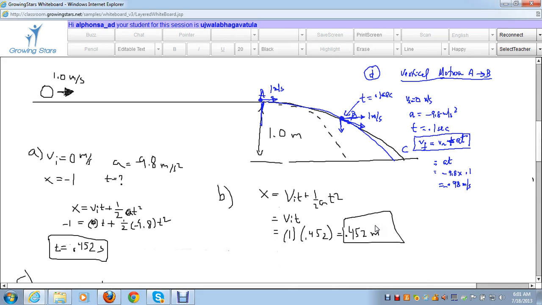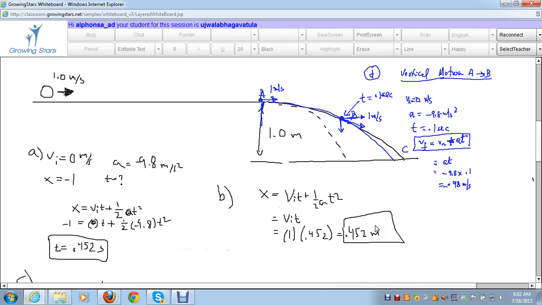So the horizontal component of the velocity always remains constant in projectile motion. Can you tell me why the vertical component is negative? It's negative 0.98 because it is falling downward in free fall motion. Correct. The velocity is pointing down.